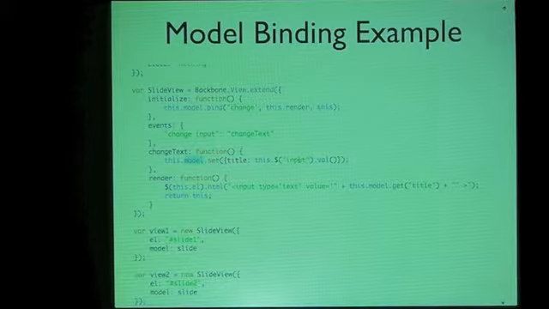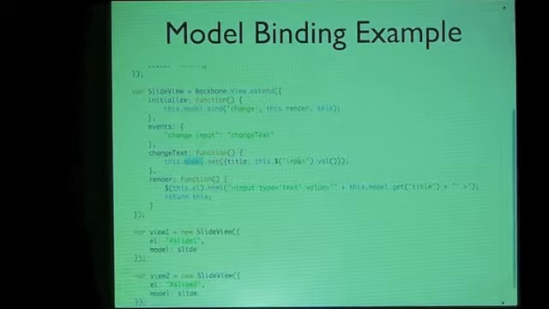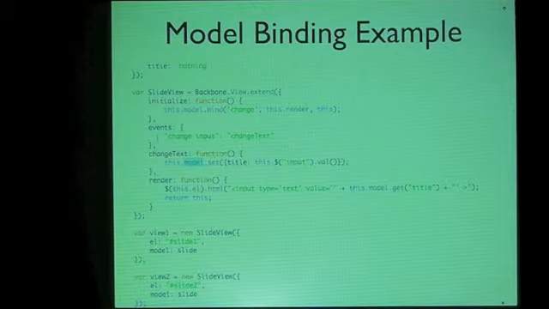And when this happens, a change event will get fired on my model. And so all UIs that are listening for my model's change event will have their render execute. And so they'll render that view.